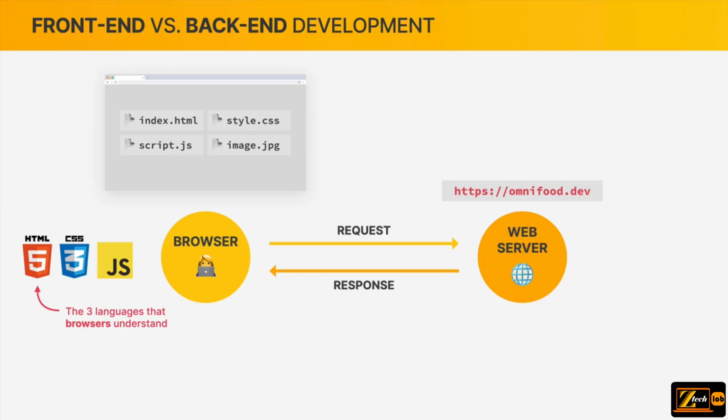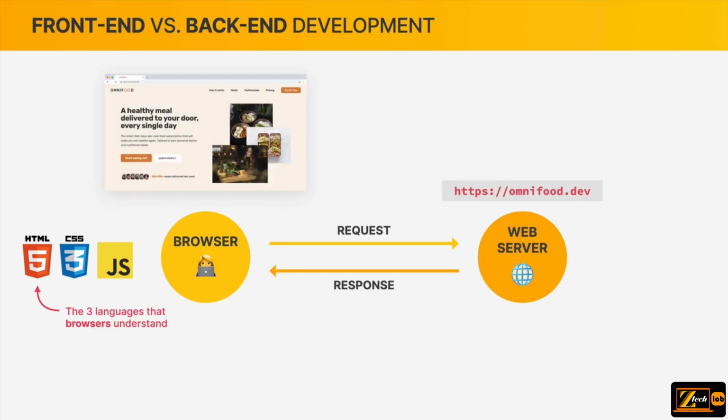All right, now once the browser receives these HTML, CSS, and JavaScript files from the server's response, it will take the code and render the website that we were trying to access, so based on that code. Okay? And with this, you already have a good understanding of what actually happens when we browse to a website, and also about the technologies that we use to build any website.